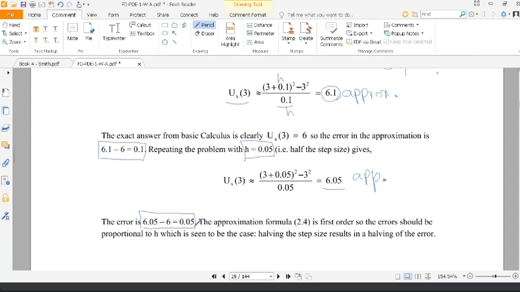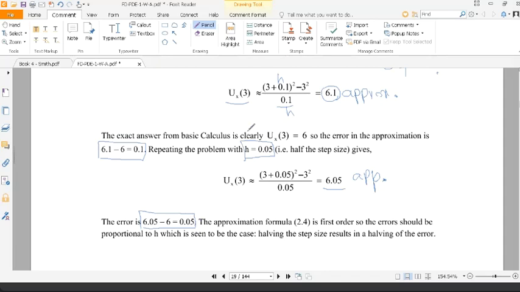I have a question for you. Which approximate solution is better? When we use h equal to 0.1, the approximate solution is better, or when we use h equal to 0.05, the approximate solution is better?